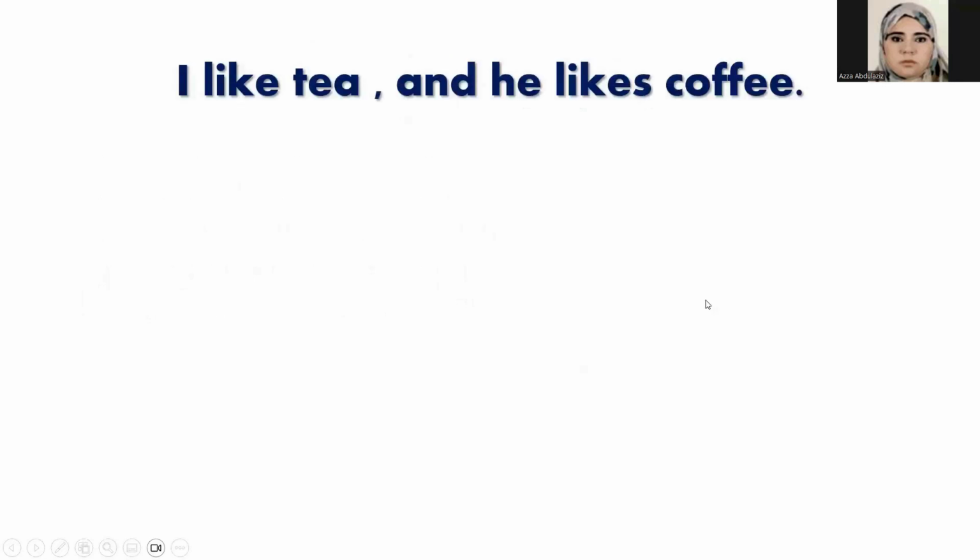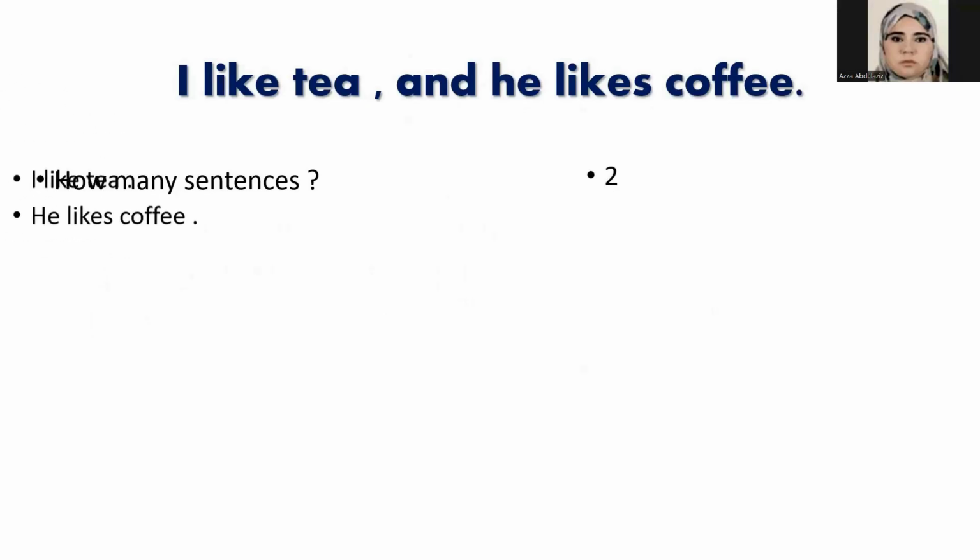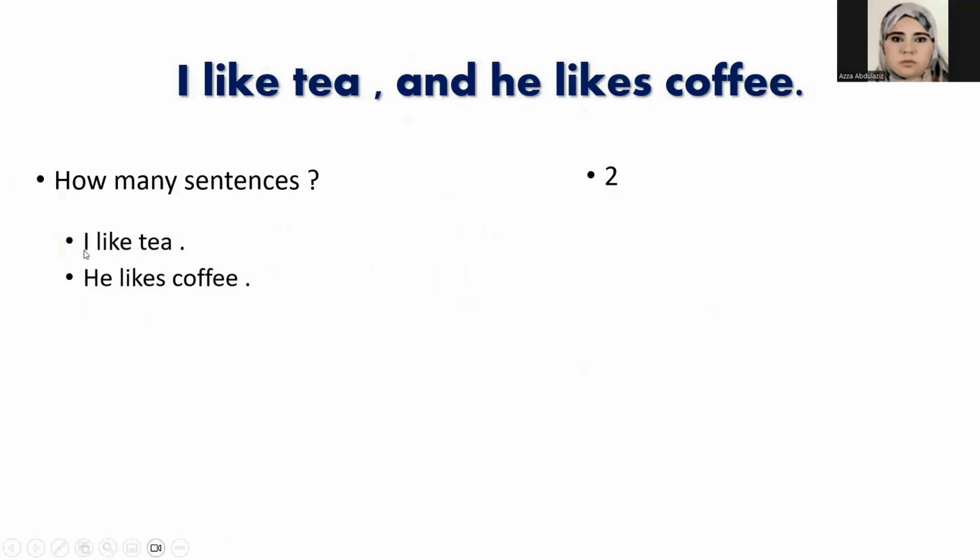We have another one. I like tea and he likes coffee. How many sentences do we have here? Yes, we have two sentences: I like tea, he likes coffee. For the first sentence, the subject is I, and the predicate is like tea. For the second sentence, the subject is he, and the predicate is likes coffee.